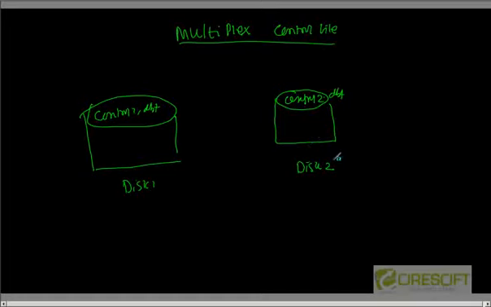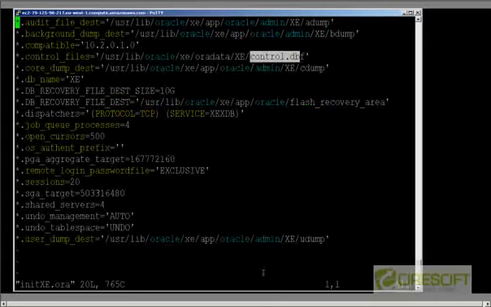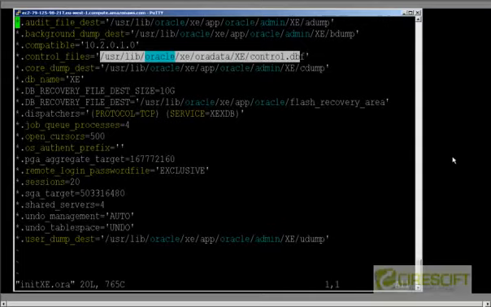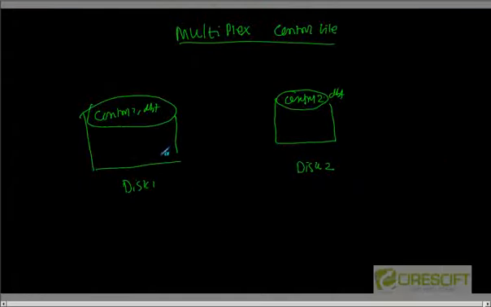A lot of times I have seen in production systems, they put control files in 3 different places. If you want to do that, then in your init.ora parameter, you just give all those locations. By doing so, Oracle is going to write all this information to all 3 control files. And if for whatever reason this disk is gone, we can always recover.